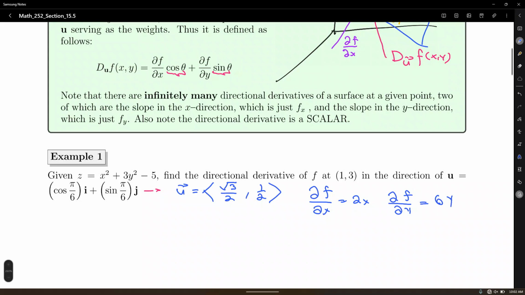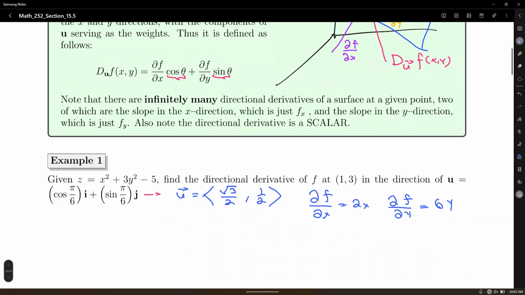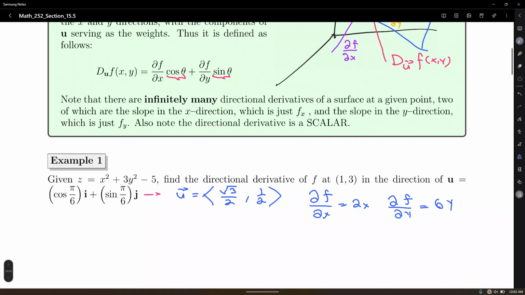All right? So, this symbol right here, D subscript u of f of x, denotes the directional derivative of the function f in the direction of the vector u, which has to be a unit vector. And well, in this case, we're given a unit vector. Do you see the coefficients of cosine and sine are 1? There are other cases that we will discuss soon.